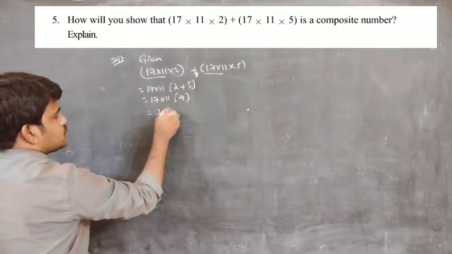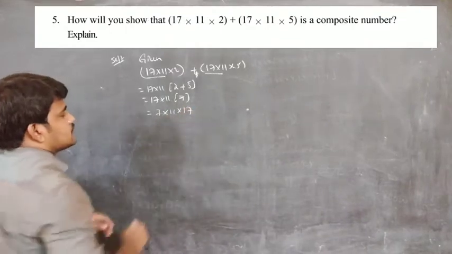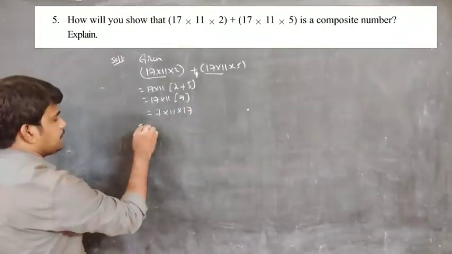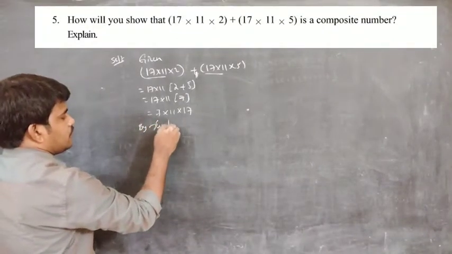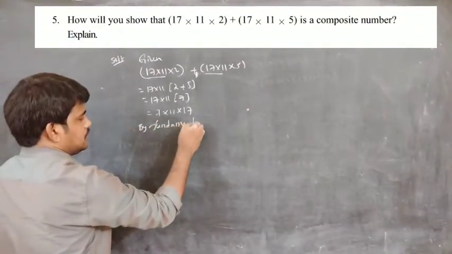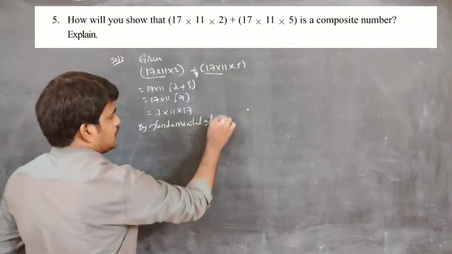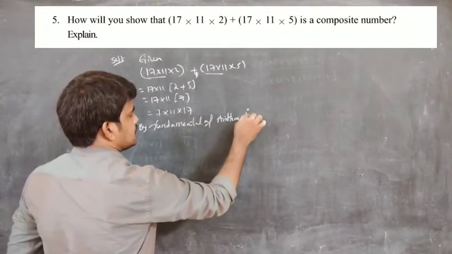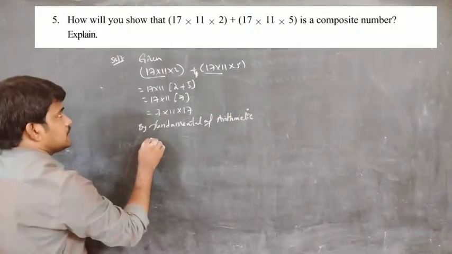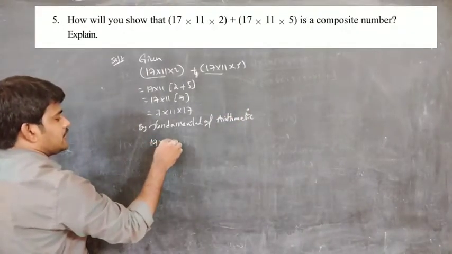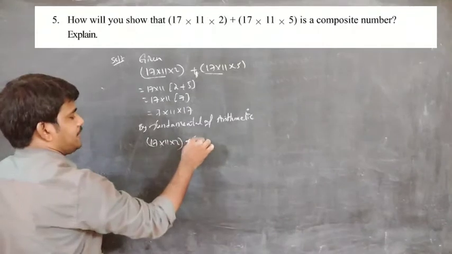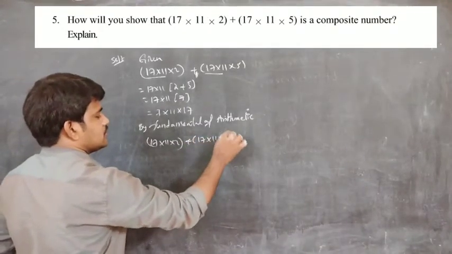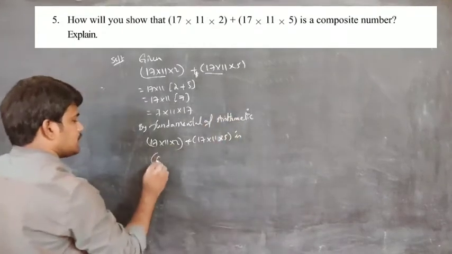So 7 into 11 into 17. So these are a product of prime numbers by the fundamental theorem of arithmetic. So 17 into 11 into 2 plus 17 into 11 into 5 is a composite number.